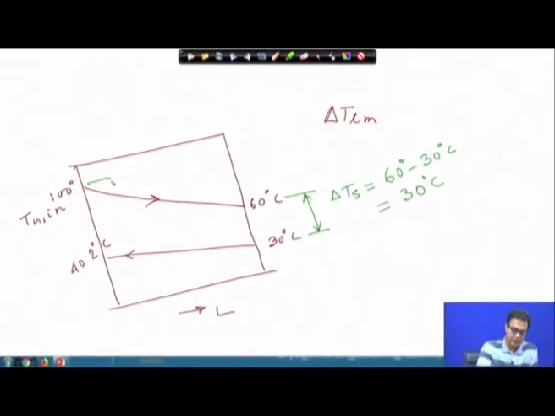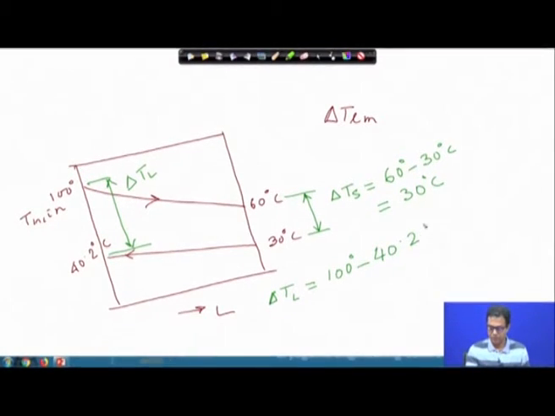This is the delta T large. This delta T large is 100 degree minus 40.2 degree centigrade, and so this comes out to be 59.8 degree C.